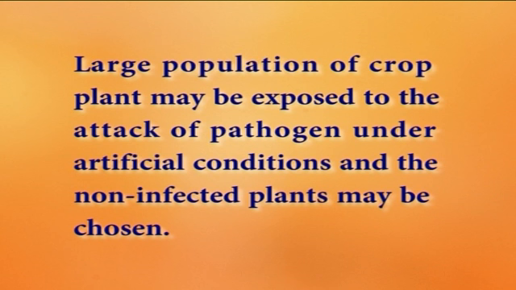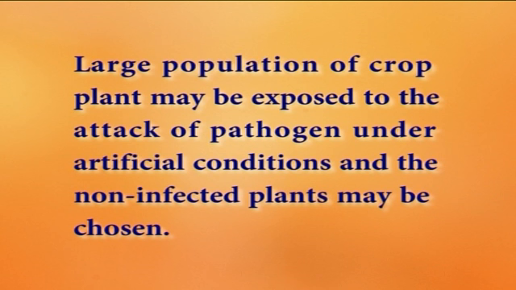To ensure the resistant character of a plant, a large population of crop plant may be exposed to the attack of pathogen under artificial conditions and the non-infected plants may be chosen. Suvarnamodhan rice of Kerala is a pure line of ARC 11775 and it is highly tolerant to blast.